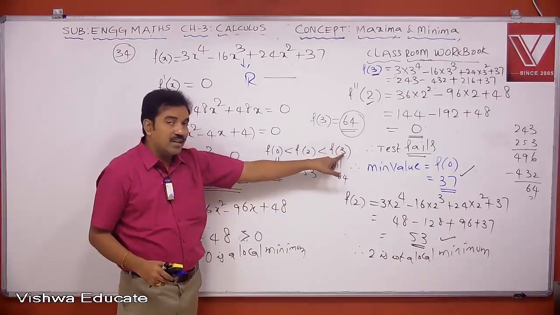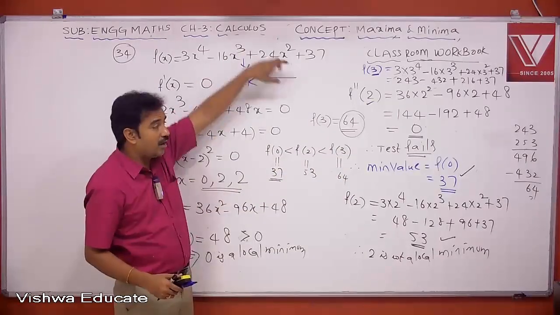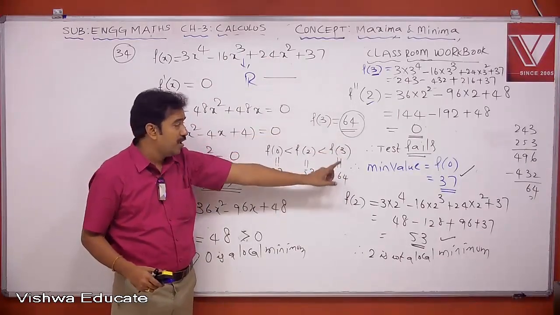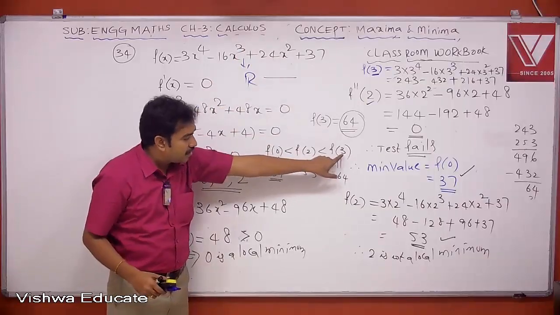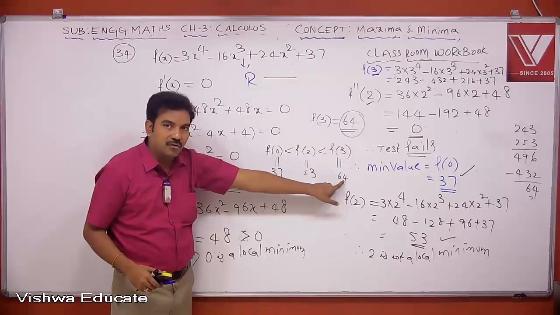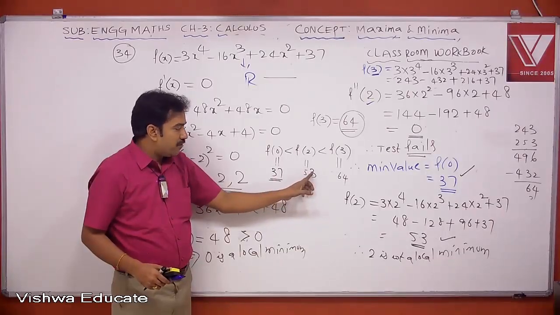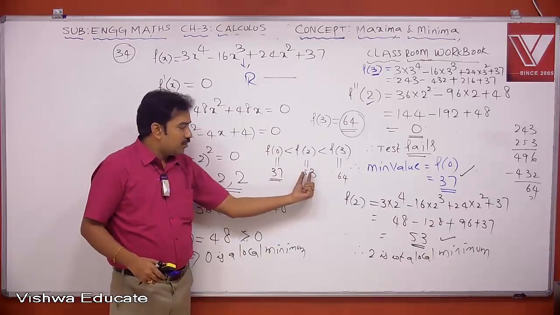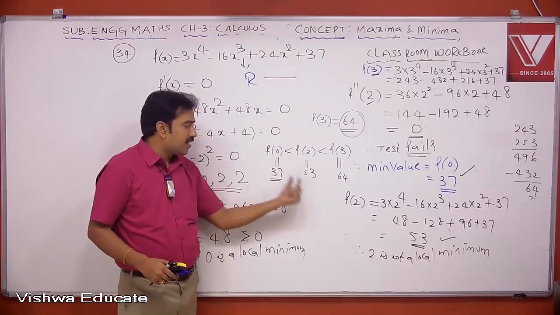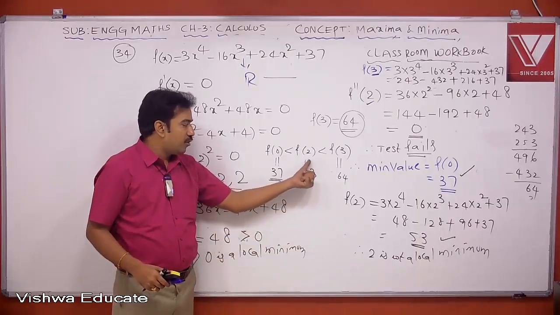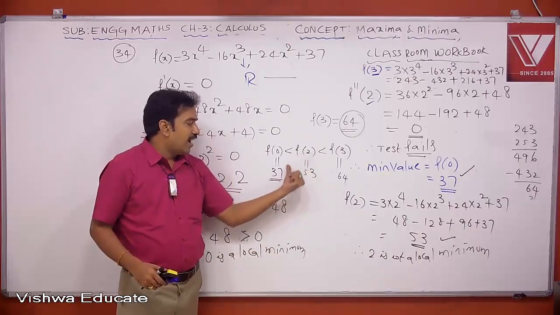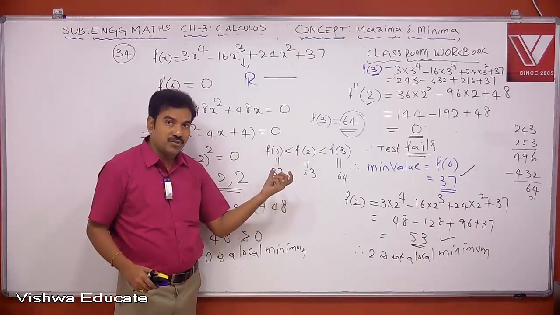In the same class there is another roll number 3 because its domain is R. You can take f of 3, f of 4. So in the same class there is another student whose marks are 64. In the class there is one student whose mark is 53. So 53 is not a local minimum. This fellow's marks are greater than 37 and below 64. Therefore these marks are neither the least marks nor the highest marks.